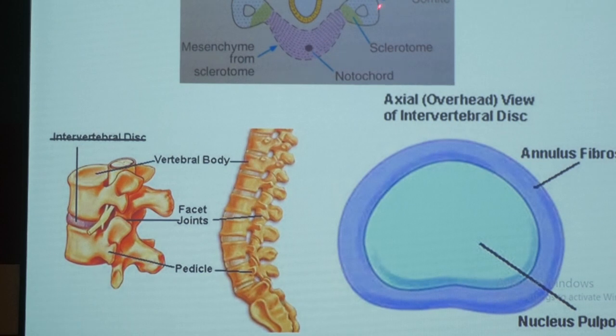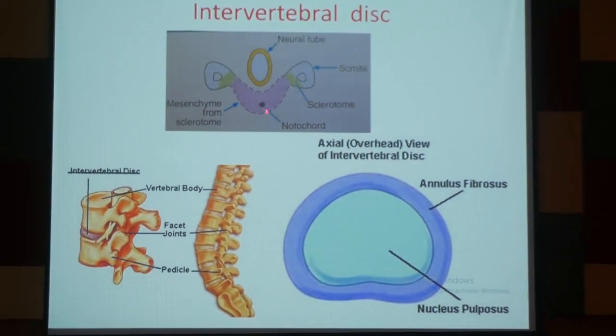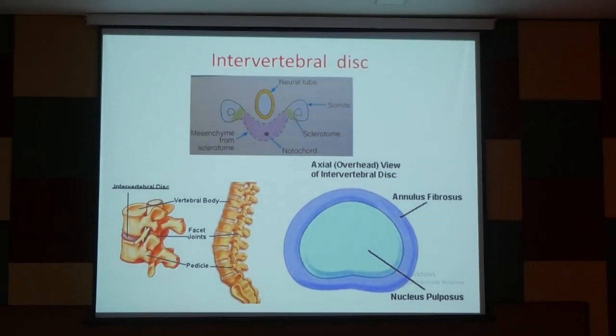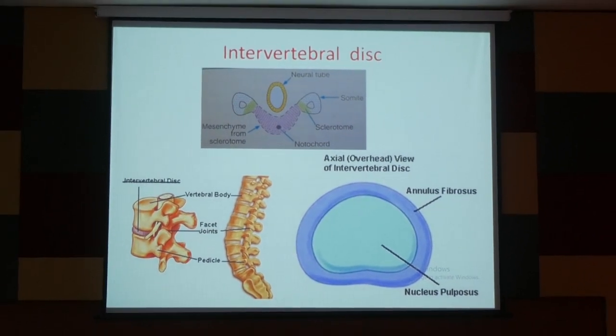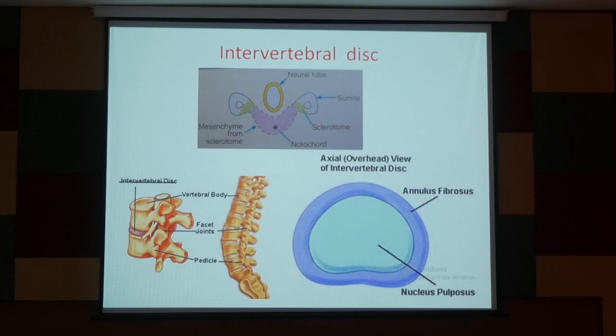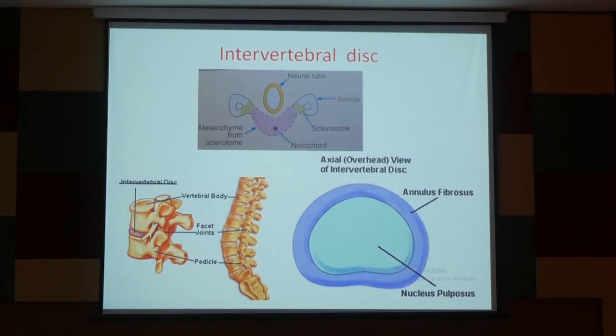So the sclerotome tissues around the notochord, encircling it, give rise to the whole thing around, keeping the notochord tissue intact in this intersegmental region where it is forming the disc. In the vertebra, it is completely replaced by the sclerotome tissues. It is not having any notochord tissue in the vertebra.